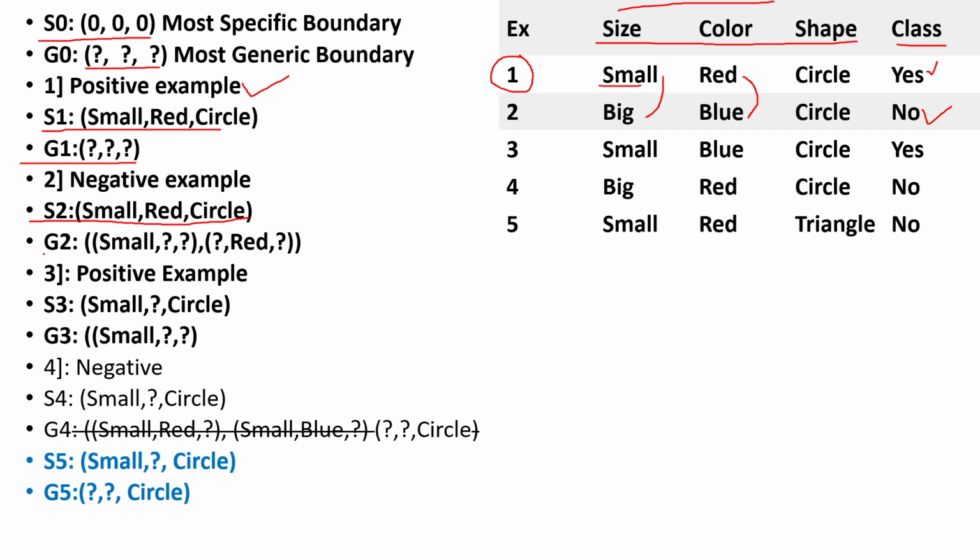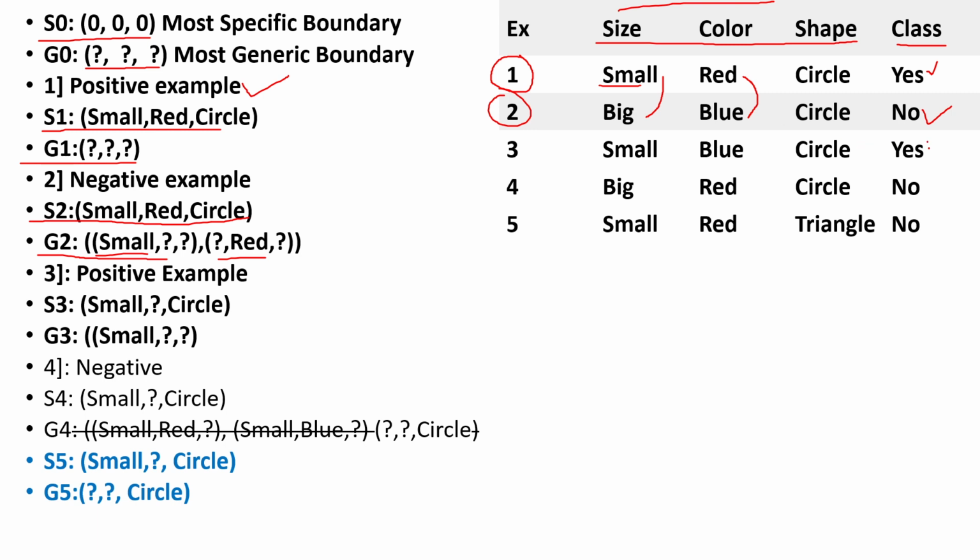Like here in the general, you have to replace that question mark by the specific value small, one question mark at a time. So first set for this parameter, second set for this parameter, no change. So no need of writing all question marks, you can keep them, but later we are not going to consider it, so better not to write. So we have completed the second one.